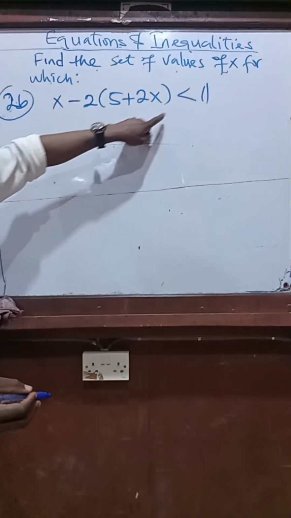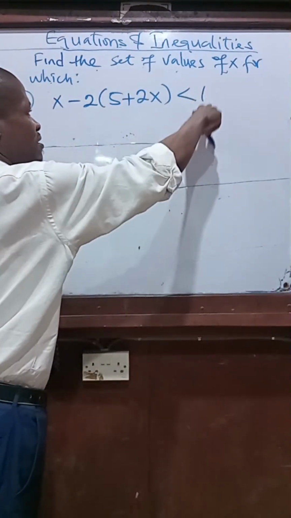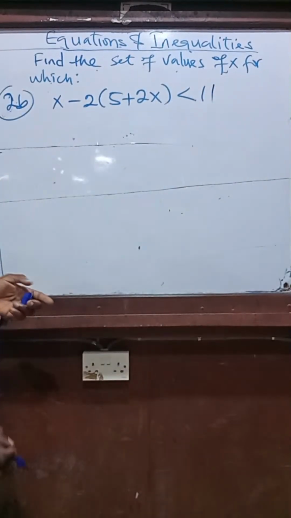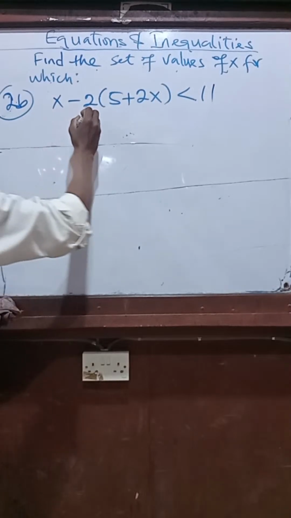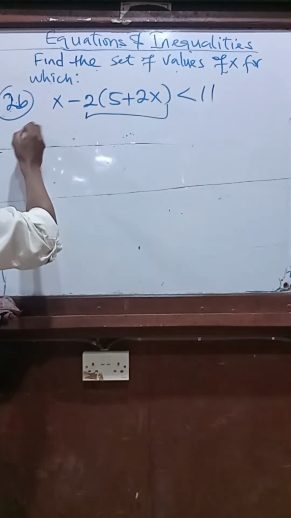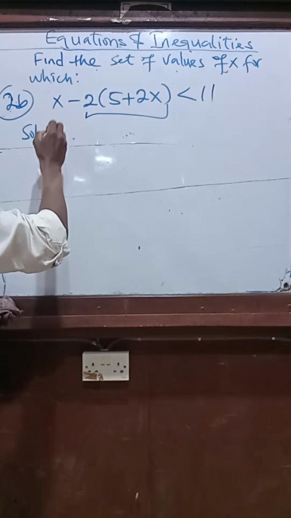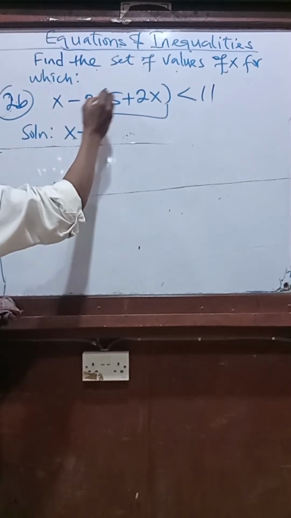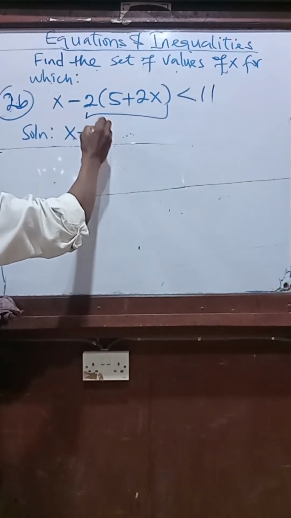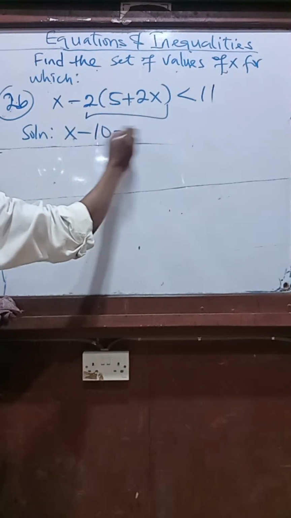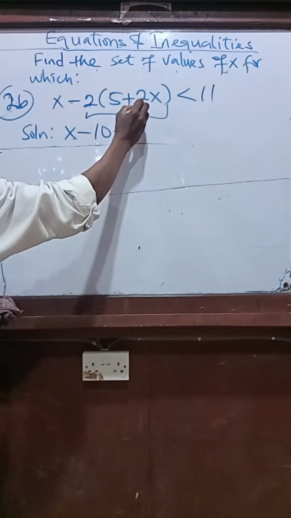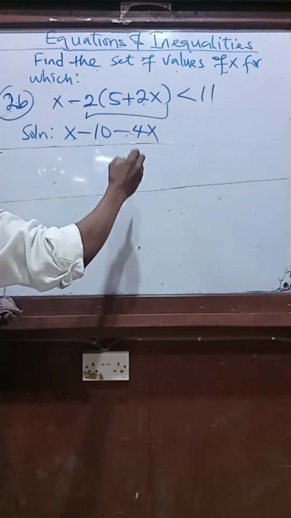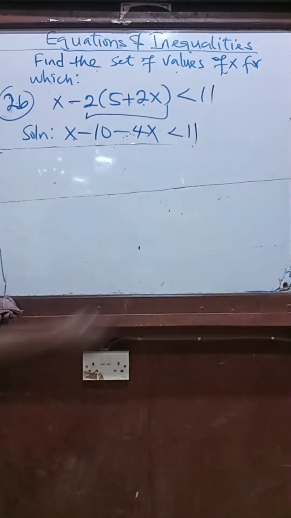Okay, 2x less than 11. What we're going to do is to expand this one. So we're going to have x minus 2 times this one, that's 10, minus times a plus, that's minus 2 times 2x, that's 4x, less than 11.